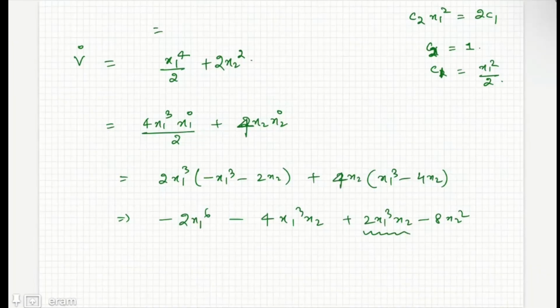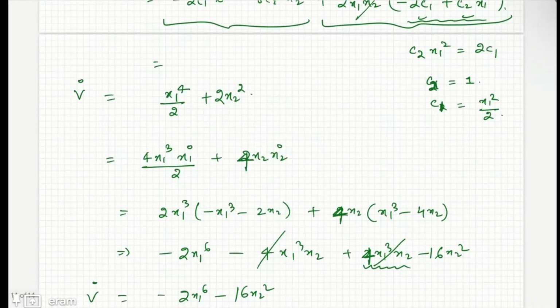So this will also be 4, and hence these two terms cancel out. So we will be left with negative definite terms only. So this makes our system asymptotically stable.